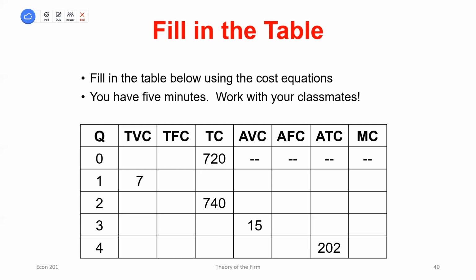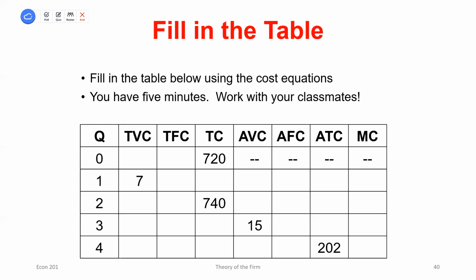So at this quantity of 0, what would my total fixed cost be? Yeah, if I know that my total cost is 720 at the quantity of 0, my total cost is just my total variable plus my total fixed cost. Well, I just said the variable is 0, so it's just going to be my total cost, or whatever my total fixed cost is.